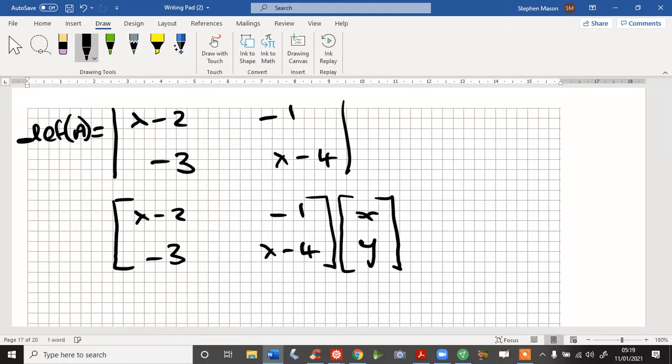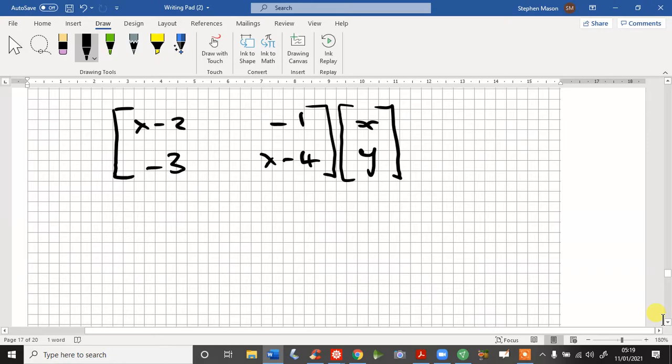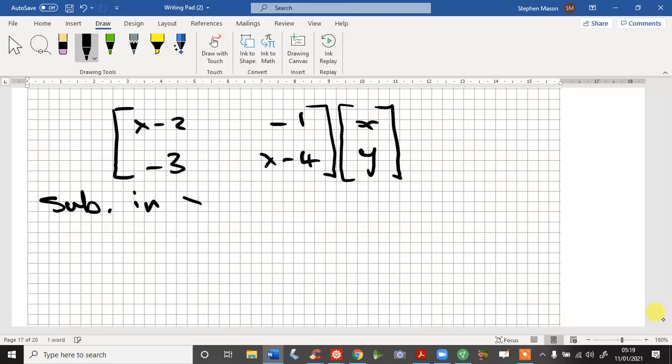because it is a matrix, then we can substitute in our first value of lambda. So we substitute in lambda equals 1. We'll use that one first, and next we'll use lambda equals 5.